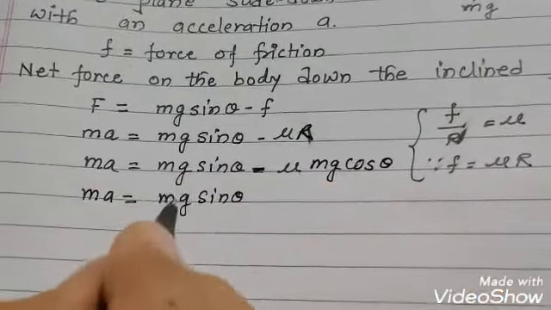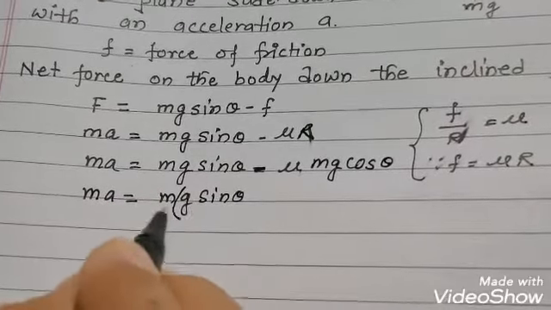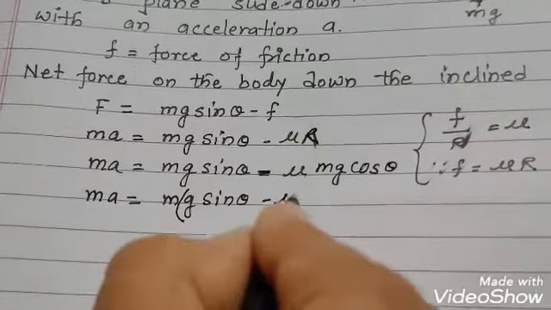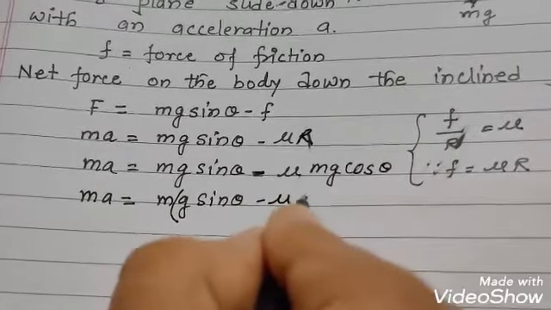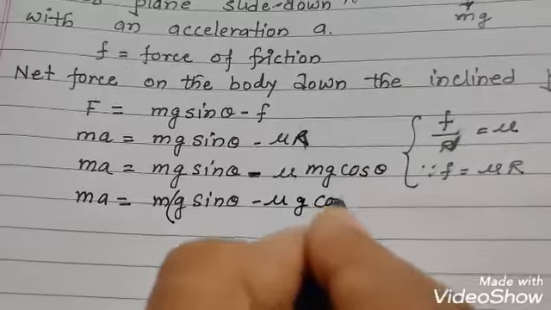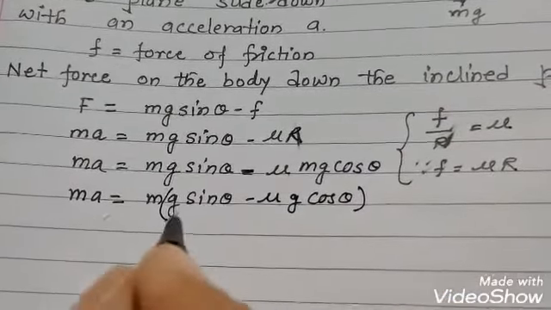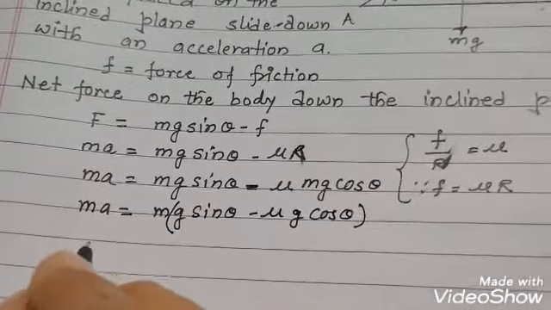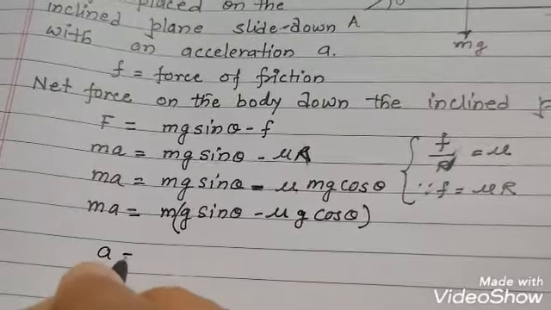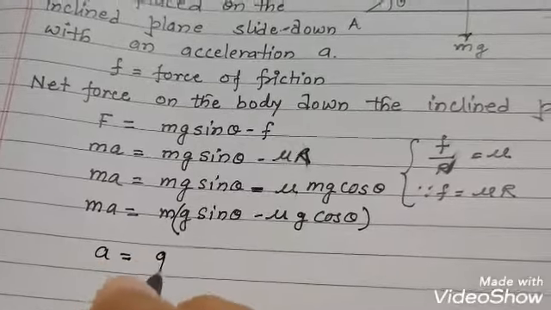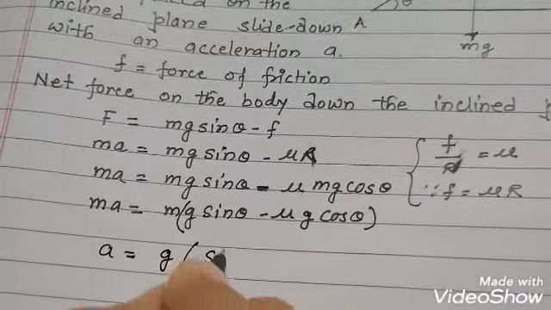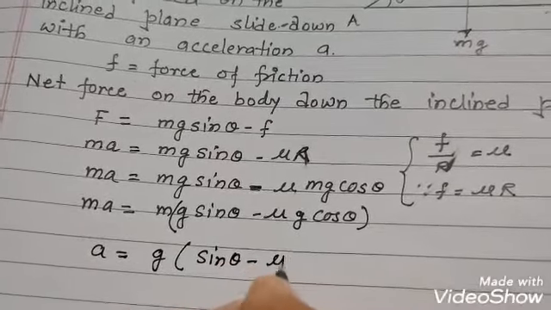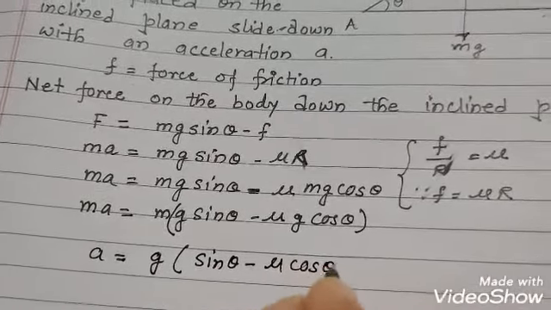Taking m common, this is m times g sin theta minus mu g cos theta. So m would be cancelled and it will become a, the acceleration is a, and taking g common, that is g times sin theta minus mu cos theta.